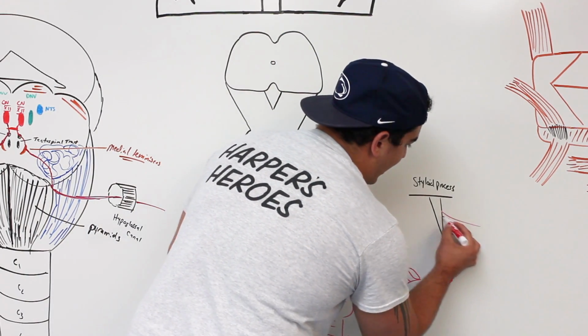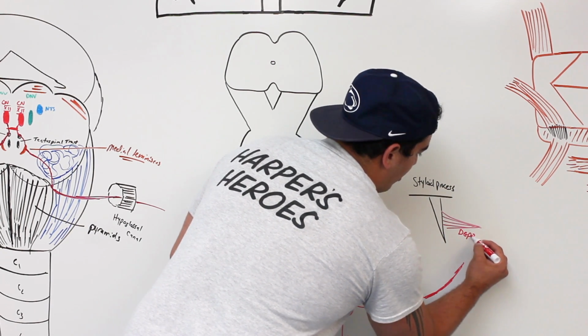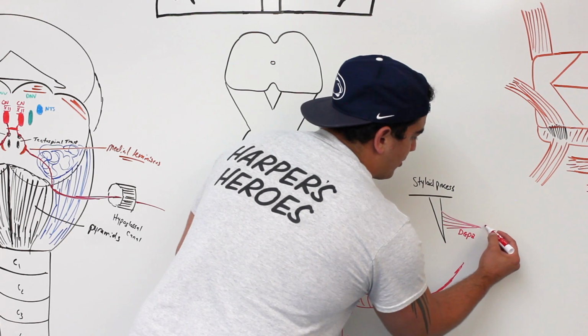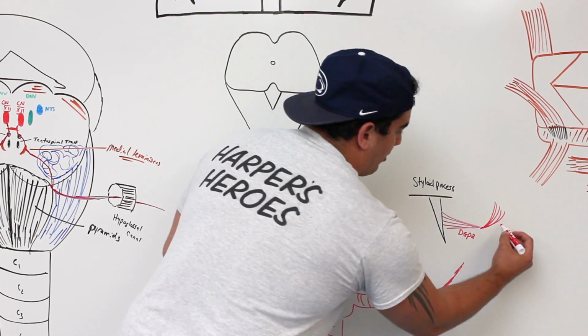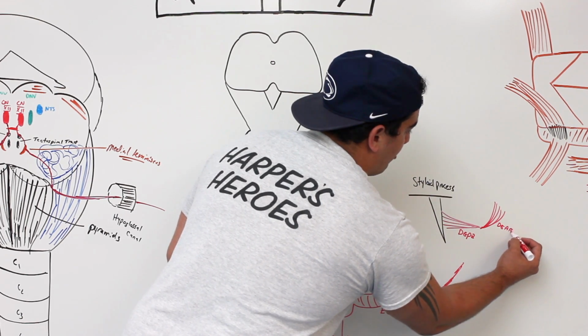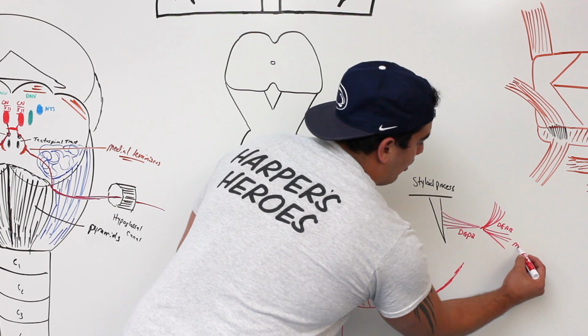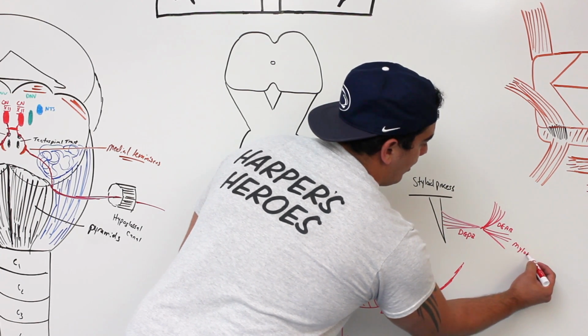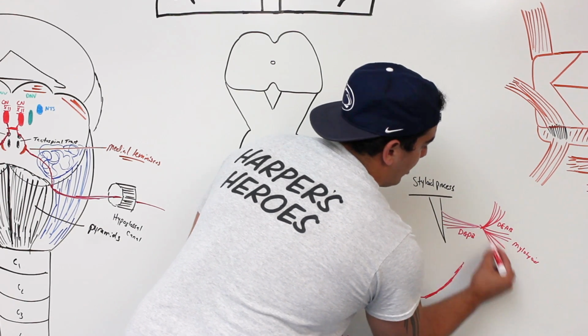You'll have what's called like the digastric posterior belly. You'll even have some other muscles over here. If you actually can think about it like this, you'll have the other digastric muscle, like the digastric anterior belly. What other muscles would you have? Maybe you'll have the mylohyoid. Maybe you'll have the geniohyoid nearby here too.